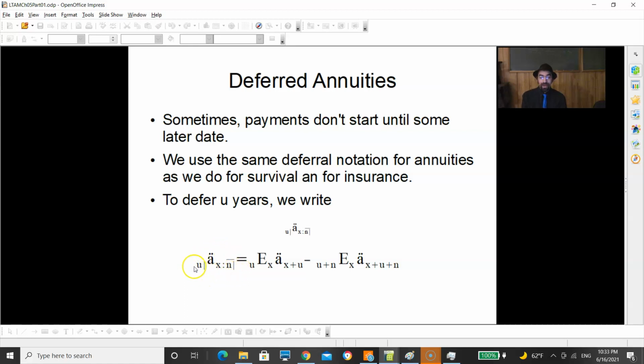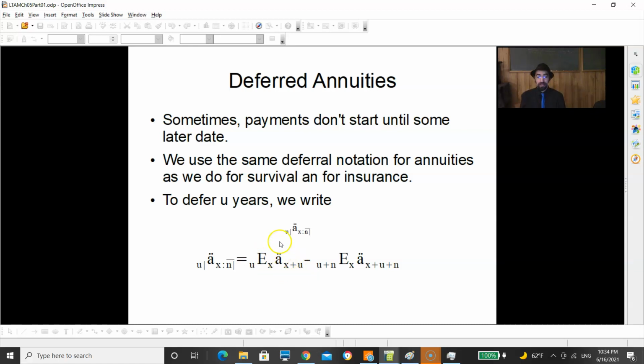Note, we do have this relationship that what I can say is, all right, so if the annuity doesn't do anything for a while and then starts some amount of time later, right, then I would have to multiply by the U-year endowment figure. I'll say, yeah, doesn't do anything yet, but in U years, the person will be X plus U years old, assuming the person survives.